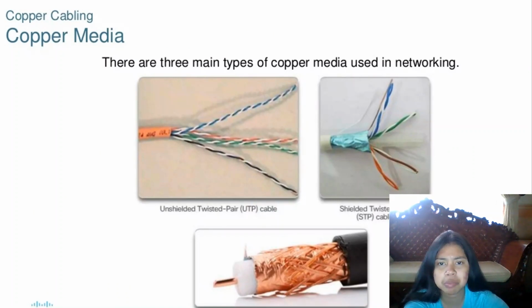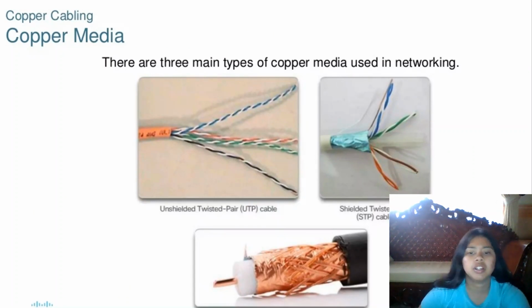These are the three main types of copper: the unshielded twisted pair (UTP), the shielded twisted pair (STP), and the coaxial cable.